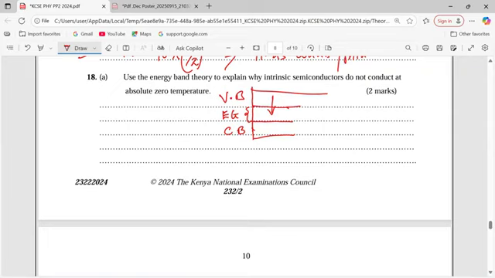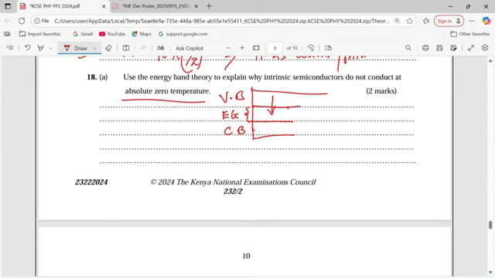When they are at room temperature or absolute zero temperature, their electrons in the valence band have very little energy, and therefore at absolute zero temperature they are simply non-conductors.